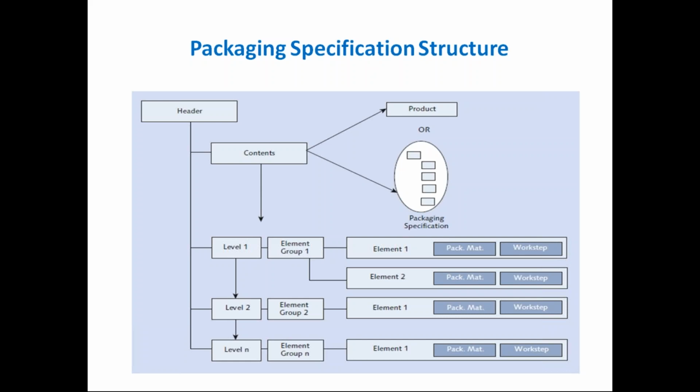Next, coming to the content level. In the content, what you are going to use is either a product or another packaging specification. Further, there is a terminology called levels.